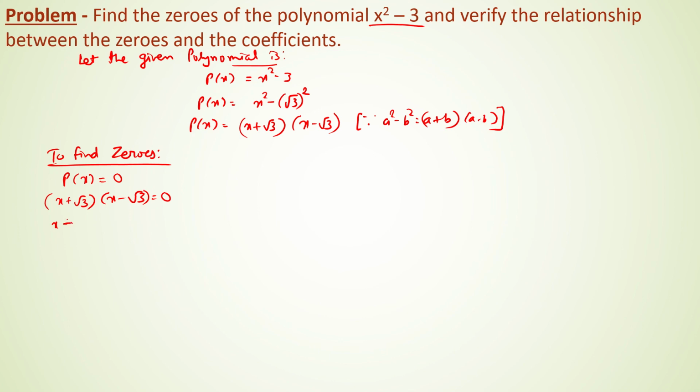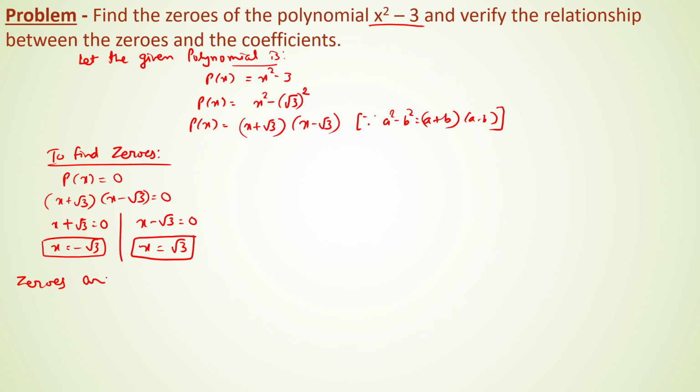So we get x equals minus root 3 and x equals plus root 3. So the zeros are plus root 3 and minus root 3. So zeros are minus root 3 and root 3. This is the answer of the first part.